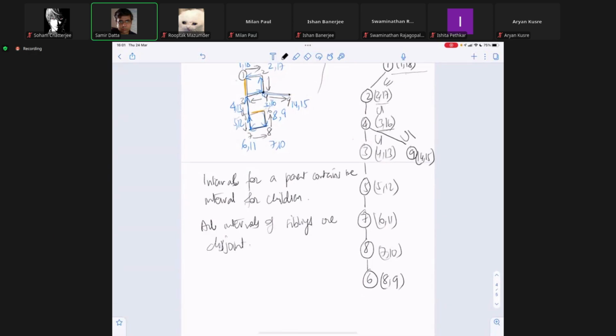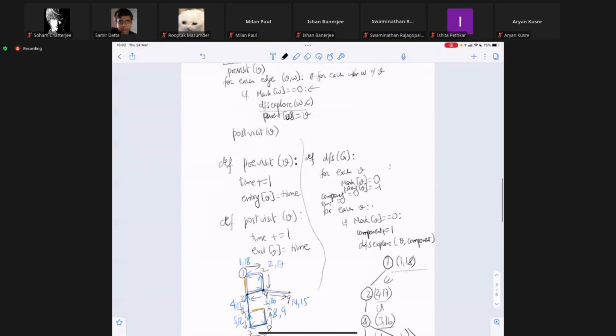We reach 3, then we go back to 4. And now we find that 4 has another neighbor which is unexplored. But you marked 4 with 16, correct? Yes, because 4 was not yet done, so 4 would be done when 9 is also done, when I backtrack from 9 back to 4.